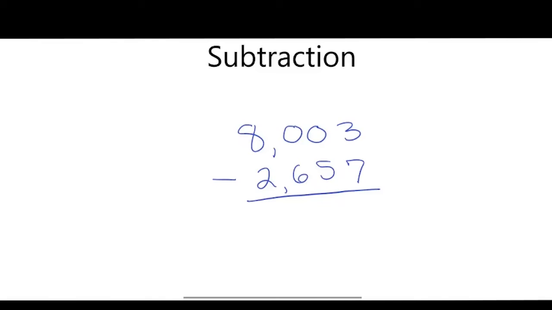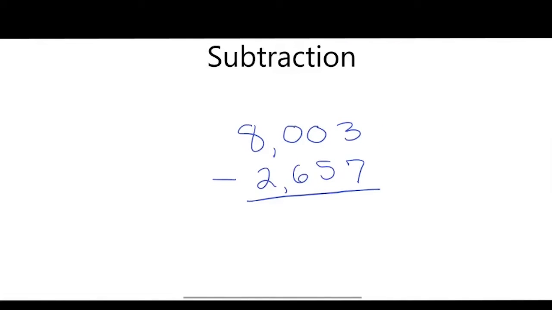Let's say I have 8,003 minus 2,657. Well, I go to the 3 and I do 3 minus 7. Well, right off the bat, I realize that I cannot take 7 away from 3.